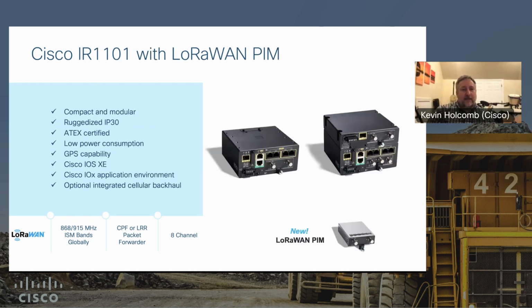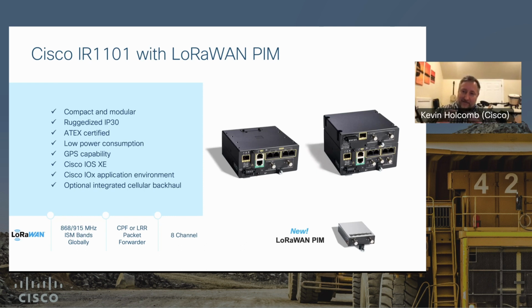And then the IR1101 PIM, the pluggable module, is a little module that plugs into the 1101. The nice thing is the 1101 also has a family of cellular modules you can plug in.